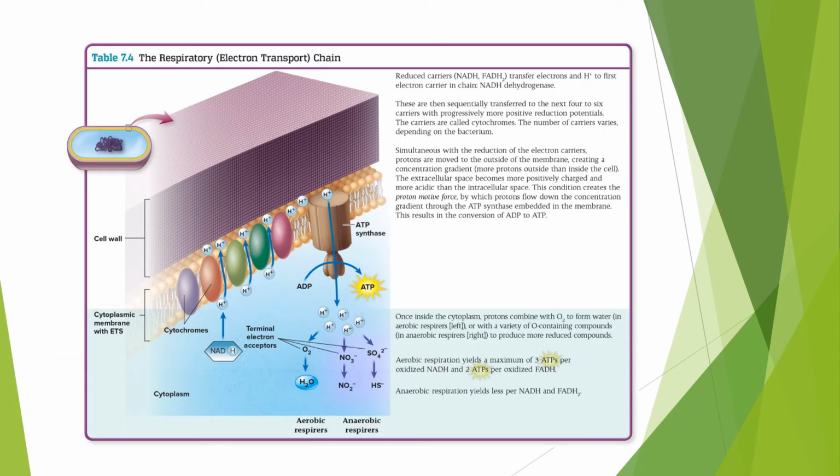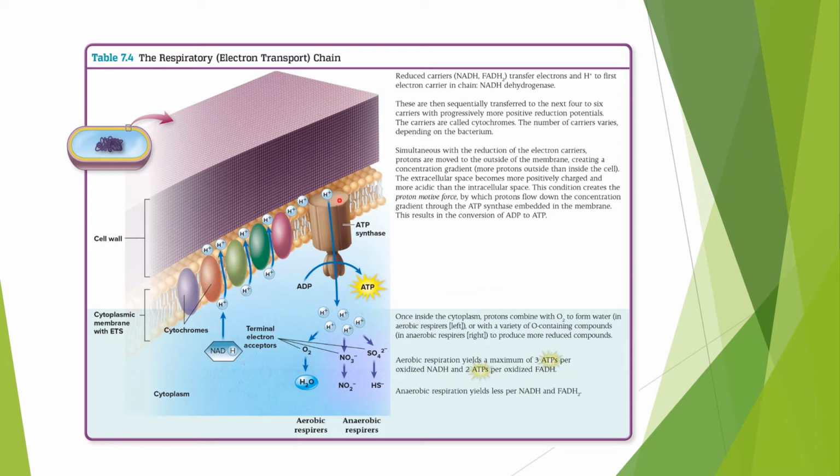Now, if we take a look at the electron transport chain, and again, we've talked about it in the last video, but this is just to show you one more time, during the electron transport chain, which takes place in the plasma membrane of the bacteria, electrons that have been collected throughout glycolysis or the alternative pathways and throughout the Krebs cycle, all of these electrons are going to be transported through the ETC pathway.